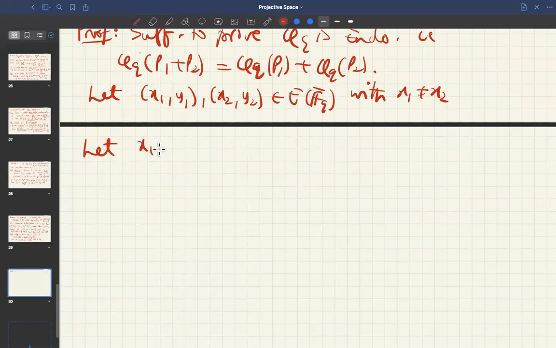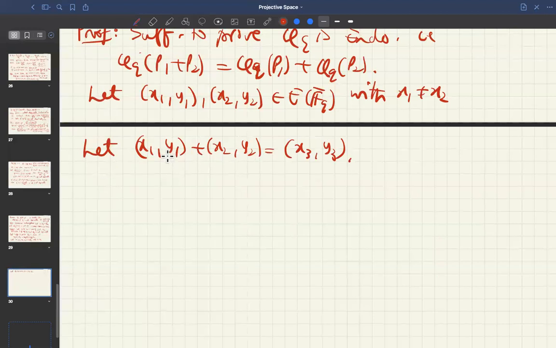Let (x1, y1) plus (x2, y2) equal (x3, y3). Here we have to show that under this map their sums also satisfy the equation. It's more of an algebraic manipulation, so I won't go through it completely; I just want to tell you.